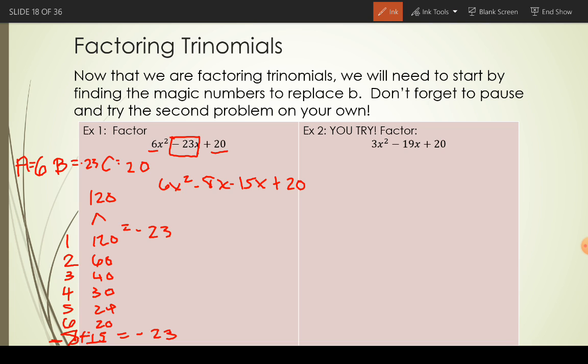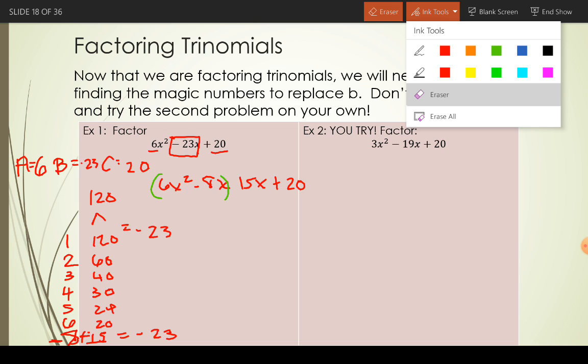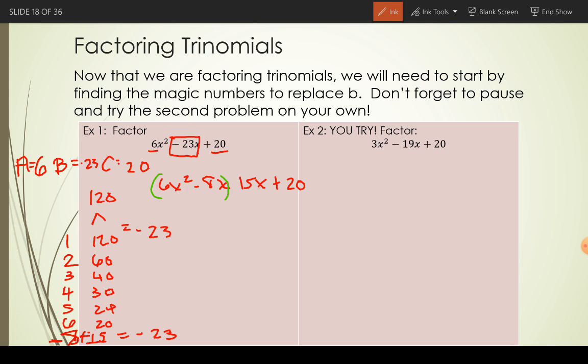So now we can take it away from here and factor by grouping, okay? Remember to include this negative sign in front of the 15. Include that in parentheses. So if you have to erase it like I just did, so that you make sure it's in parentheses, please do so. I'm going to try again. I'm kind of writing sloppy here.